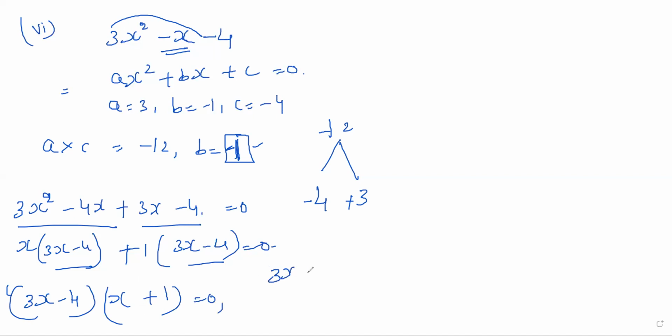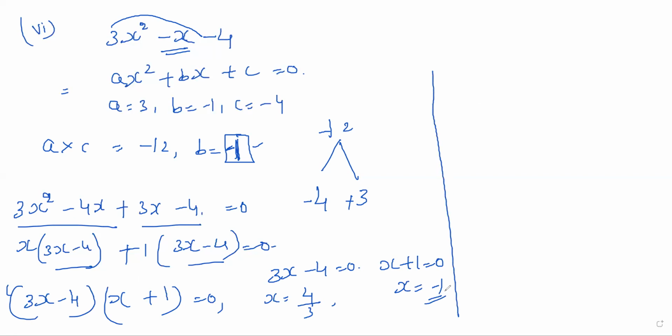So 3x minus 4 is equal to 0, x plus 1 is equal to 0. So here it is x equal to minus 1, and if you transpose minus 4, it becomes 4 and 3 comes to denominator. So what are the values here? 4 by 3 and minus 1.